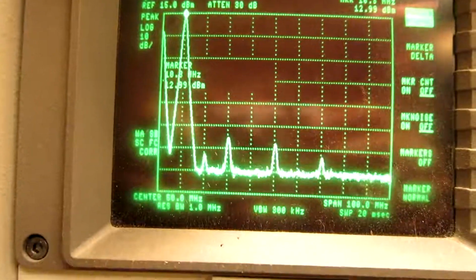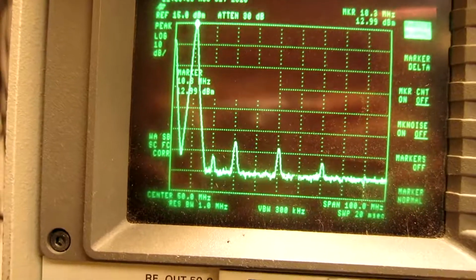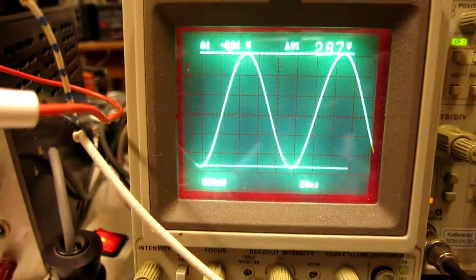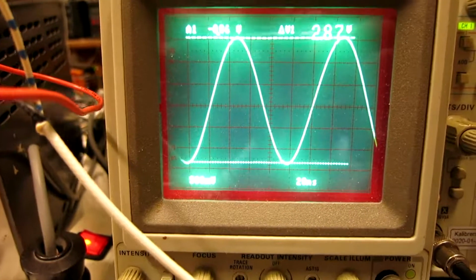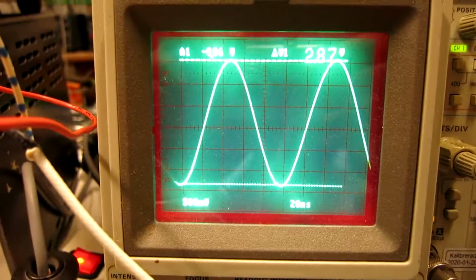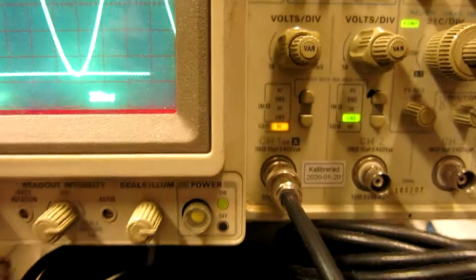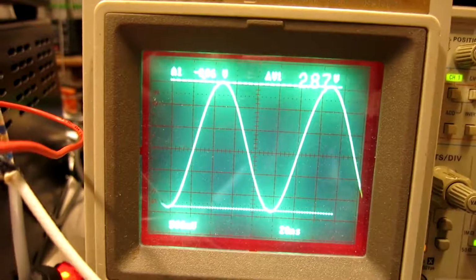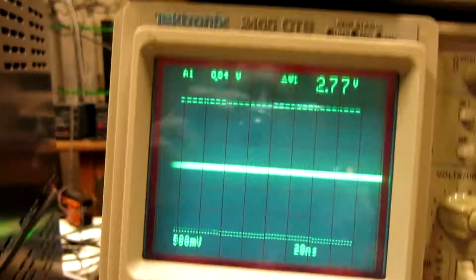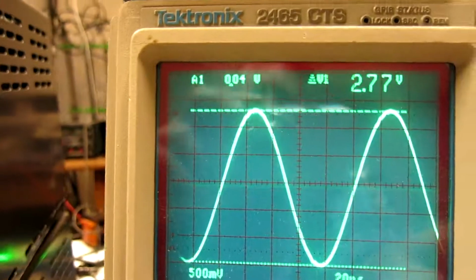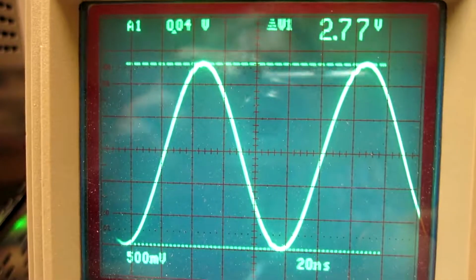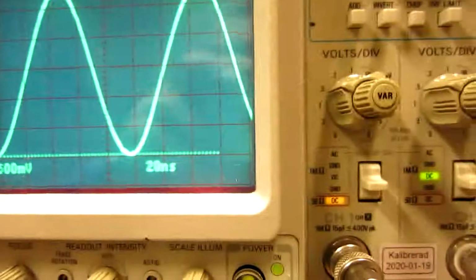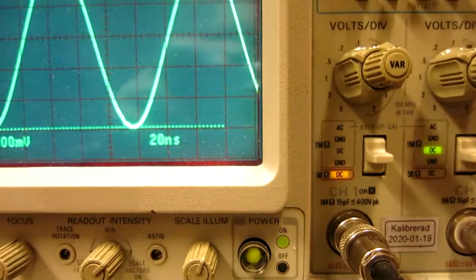But what I see, which is more important, is that the overtones are very low. This oscilloscope tells me the level is 2.87 volts when I'm running it into a 50 ohm load. And here is another oscilloscope, and it tells me the level is 2.77, also on the 50 ohm input.